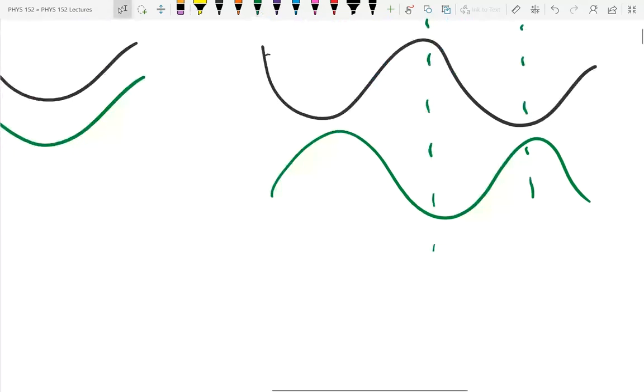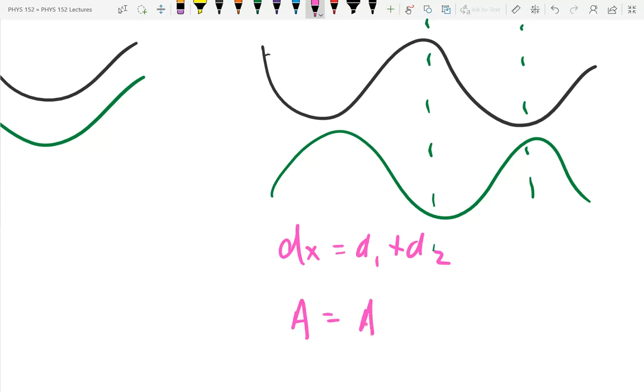And in that case, we're still going to have the displacements adding together, but because they're exactly out of phase, when one's a positive D, the other one's a negative D. And so it turns out the amplitude is going to be amplitude 1 minus amplitude 2.